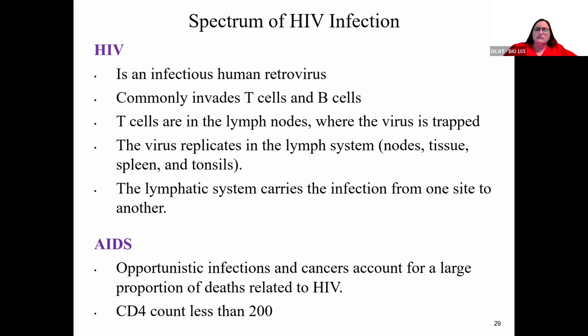And this is going to be what ends up causing their death, not necessarily AIDS, but the opportunistic infections that are related to the AIDS diagnosis, because once they hit AIDS, that CD4 count being so low, they pretty much have no immune system left. Okay.